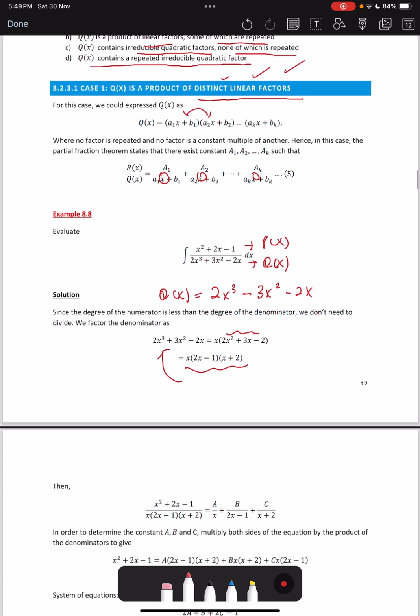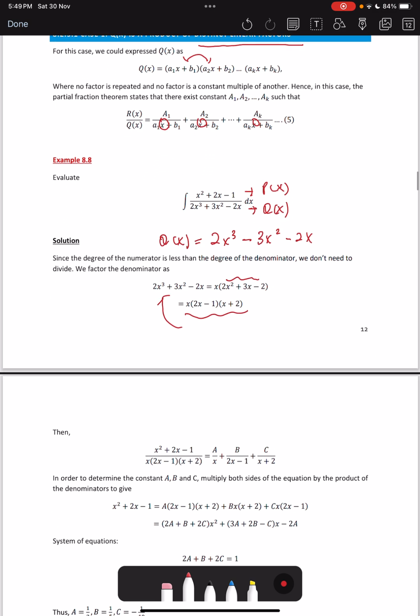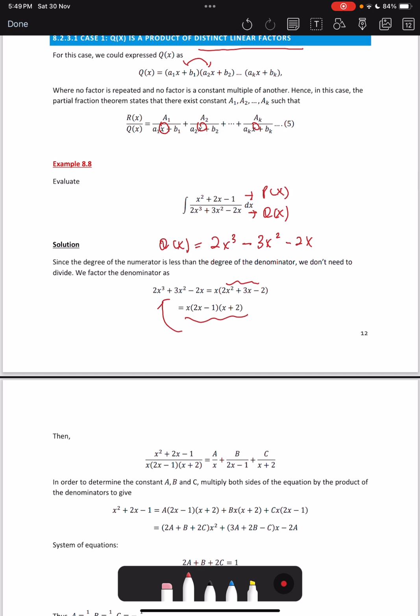Alright. Now I insert the Q(x) back here. So I will have x squared plus 2x minus 1, which is the P(x) just now, and the Q(x), instead of how I wrote it down here, now becomes the factors like this.